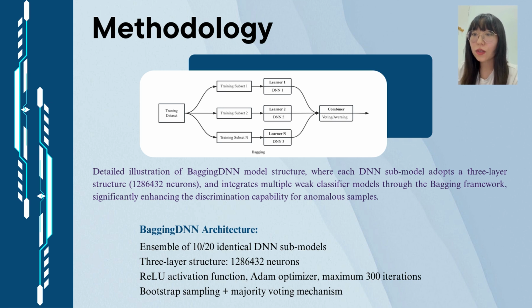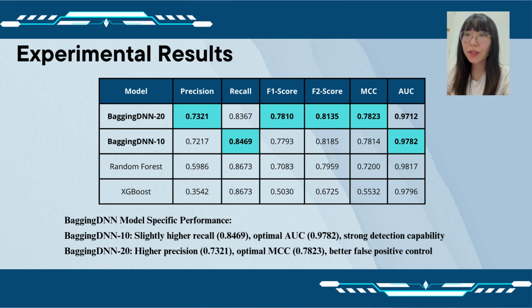Majority voting was used to enhance the overall performance and stability. The experimental results are very encouraging. Several models were tested, including Geng DNN10, Geng DNN20, Random Forest, and XGBoost. Among them, the Geng DNN models performed the best.